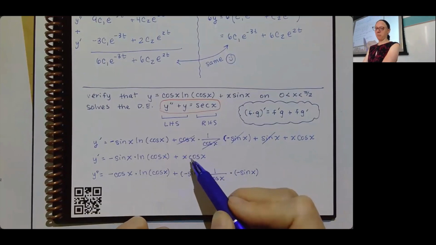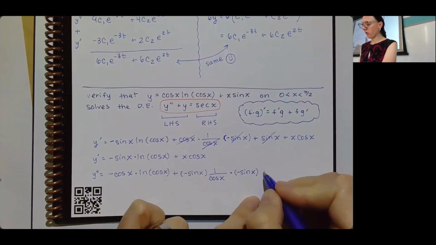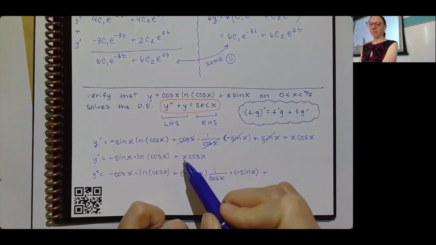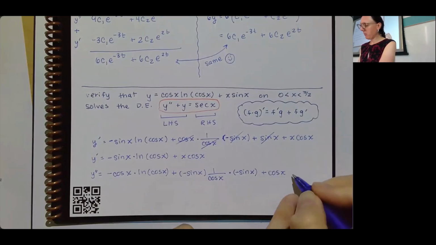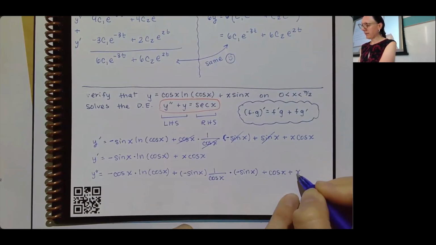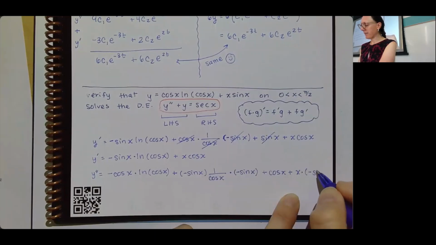Now I'm ready to take my derivative of x cosine x, again using a product rule. So the derivative of x is 1. So I'll have 1 times cosine of x plus x times the derivative of cosine x, which is negative sine of x.